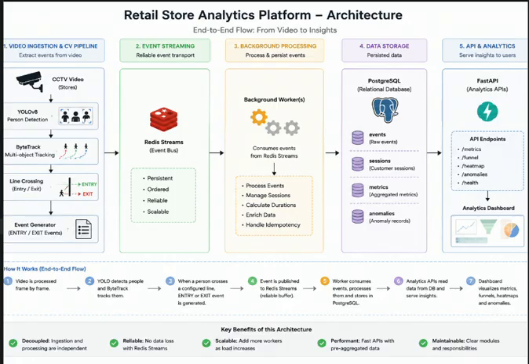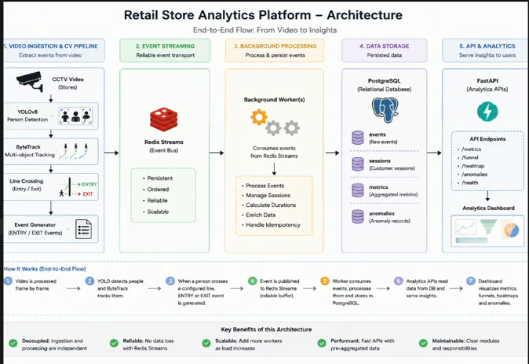This makes the system much more resilient. Now we talk about the background processes. This is the brain of the system. A dedicated worker constantly watches Redis for new events. When a new event appears, the worker picks it up and processes the event data, for example, person entered at 10:05, person entered this particular section of the store. It also calculates the total visits of a person in the store.